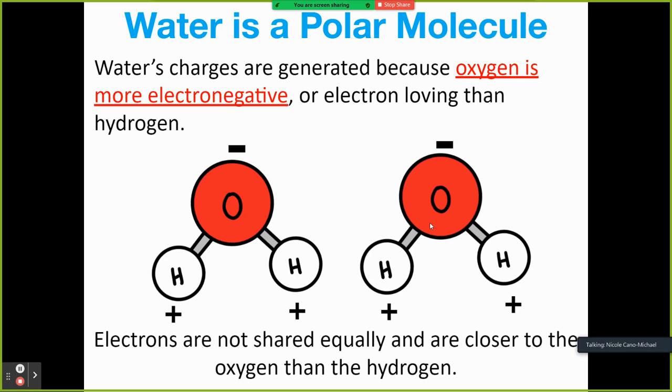It's going to hold on to them really tightly. So the electrons are not being shared equally, and they are a lot closer to the oxygen than they are to the hydrogen. And that unequal sharing is what causes the slight negative charge on the oxygen side and the slight positive charge on the hydrogen side. They are not being shared equally. That causes this polar molecule to exist.